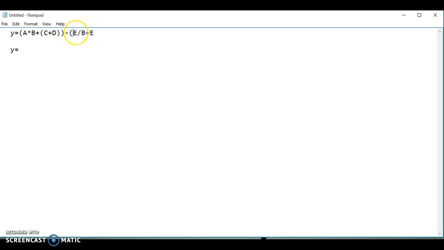Let's say this part contains a bracket and then this part does not contain a bracket, then we should solve this part first. But since in this expression both sides contain the bracket, I decide to start from the back first. So first leave the front without doing anything.